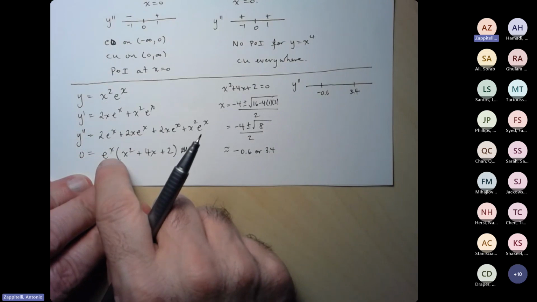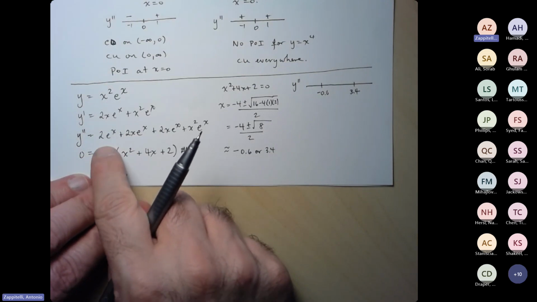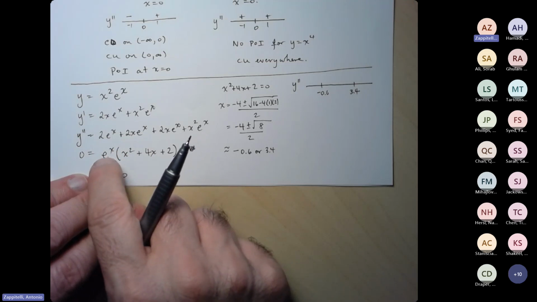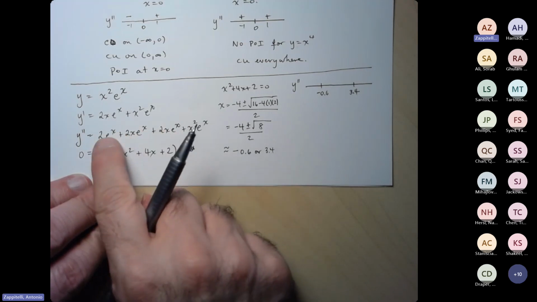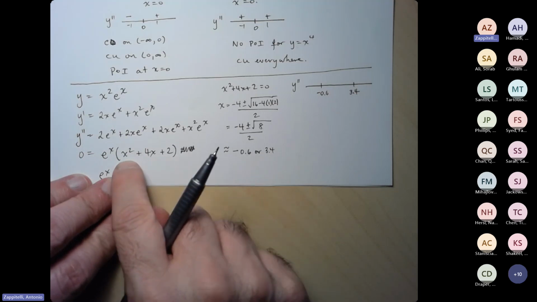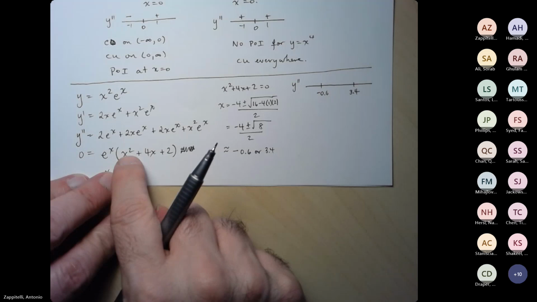Because e to the x is not only not equal to 0, e to the x is always positive. So the only thing that's going to determine the sign of the second derivative is the sign of this quadratic. And like before, what do we have?